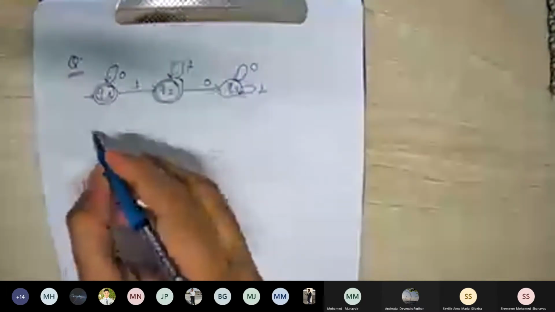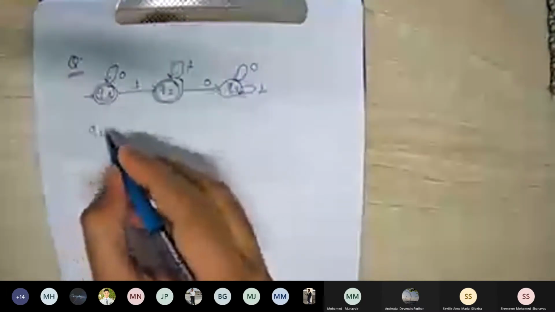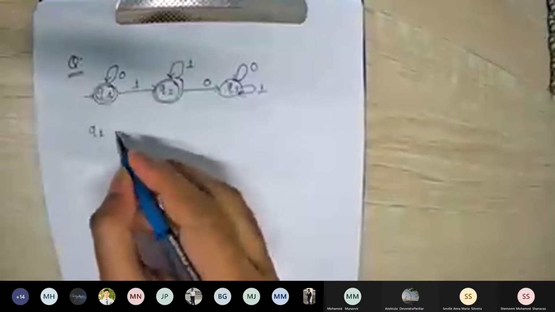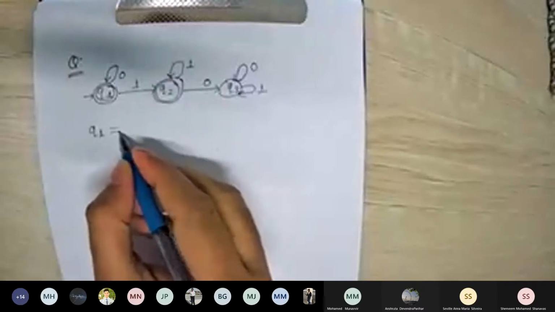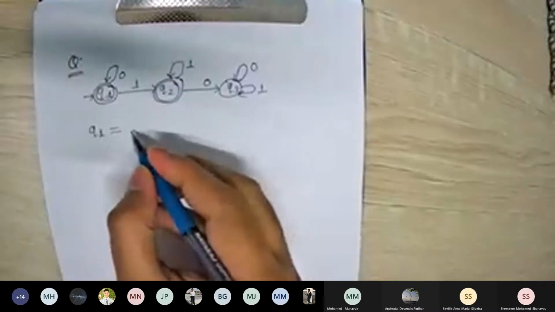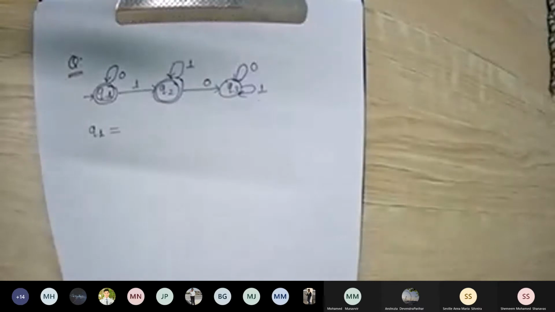So let's make the equation. You are checking for Q1. Q1 equal to. Now you will check how many incoming edges are there. At Q1, how many incoming edges are there?